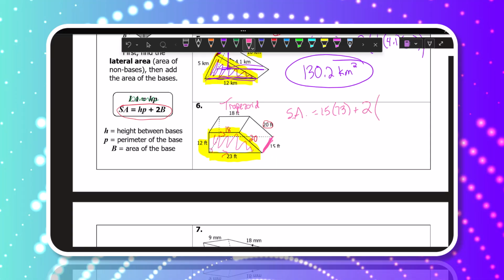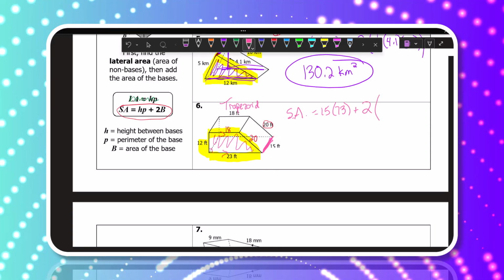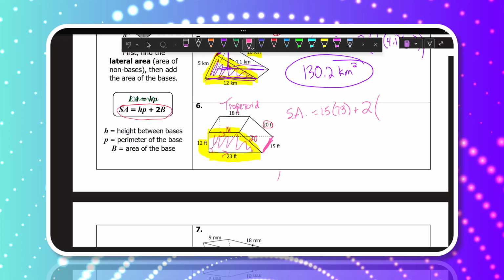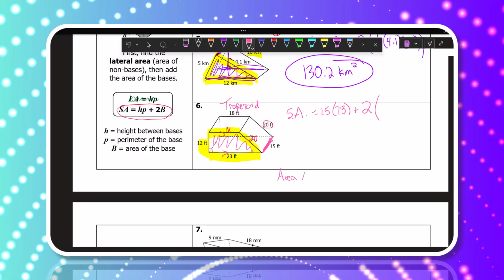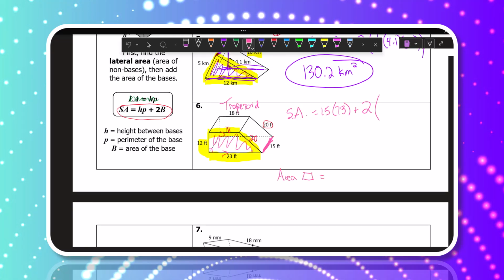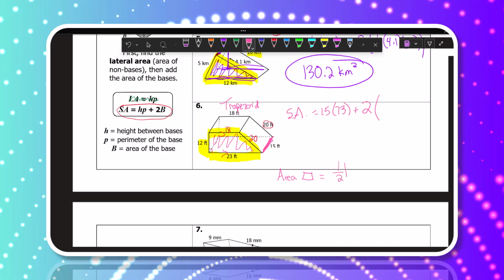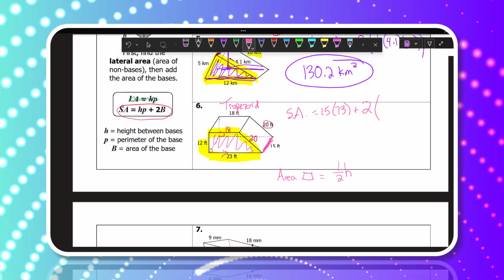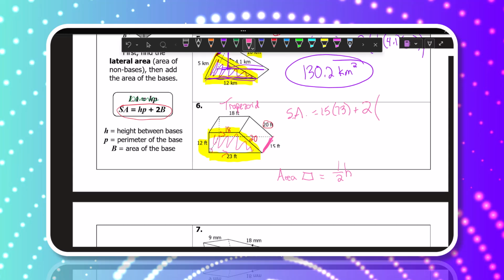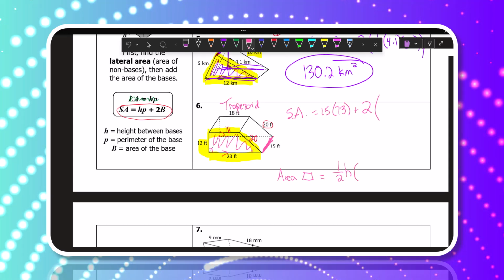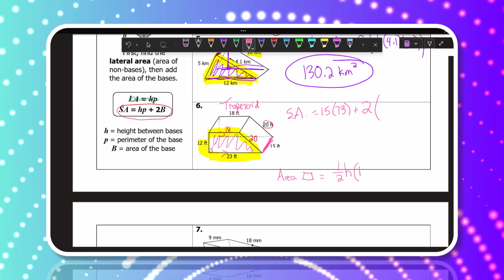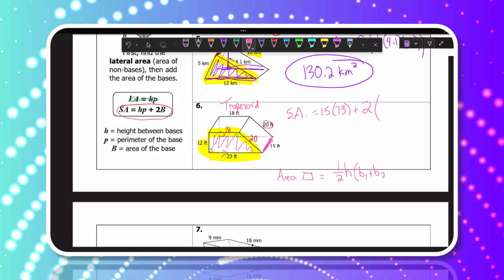Well, now we have a trapezoid as the base. Now we got to remember what our area of a trapezoid formula is. It's 1/2 the height, and not times the base like we have in triangles, but there's 2 bases. So it's base 1 plus base 2.